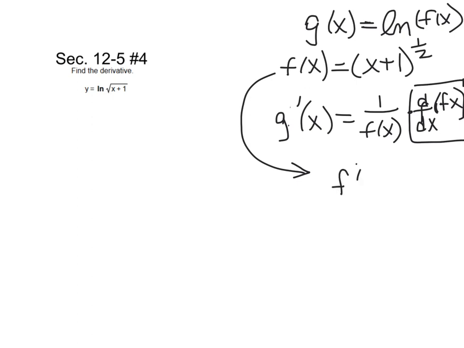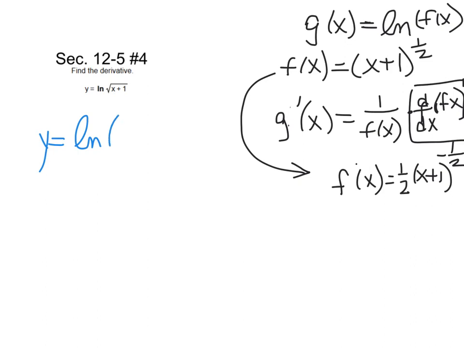So g prime of x is going to be 1/2 x plus 1 to the negative 1/2 power. So now we'll begin doing the actual derivative of our function. So our function is y equals ln of x plus 1 to the 1/2 power.